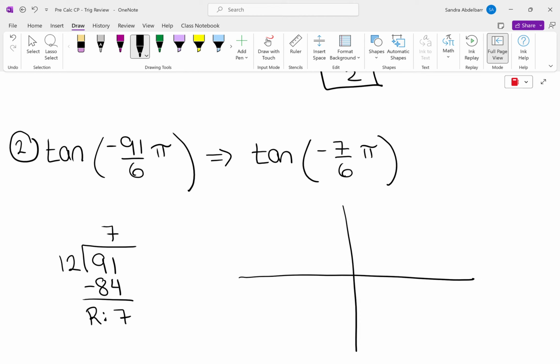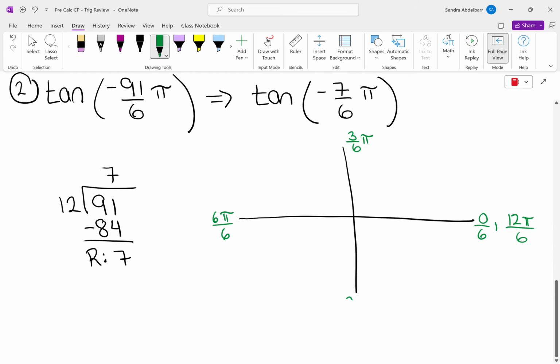I'm going to make my denominator 6 right away. So we're going to have 0 over 6, 3 pi over 6, 6 pi over 6, and 9 pi over 6. Oh, sorry, this was negative. Because it was negative, everything has to be moving the opposite direction.